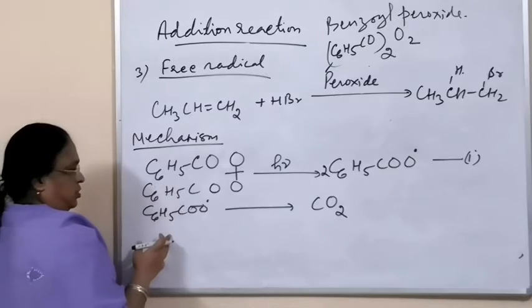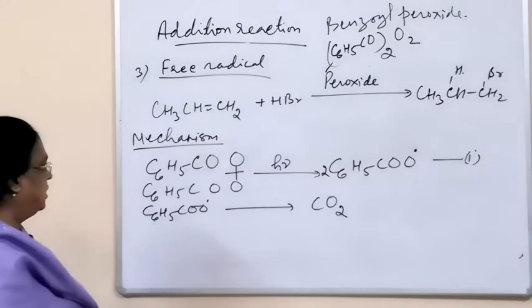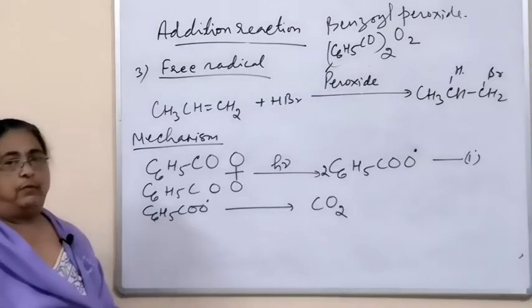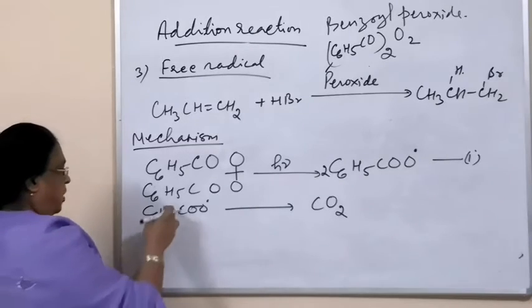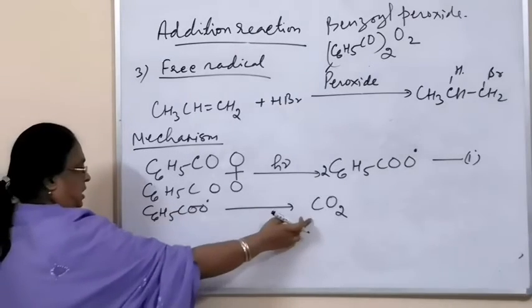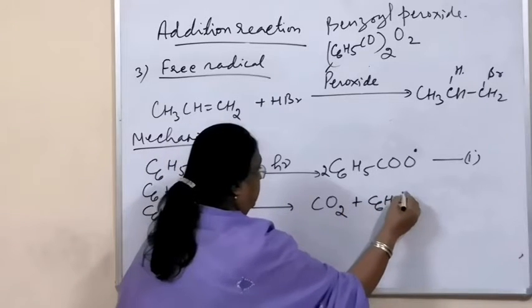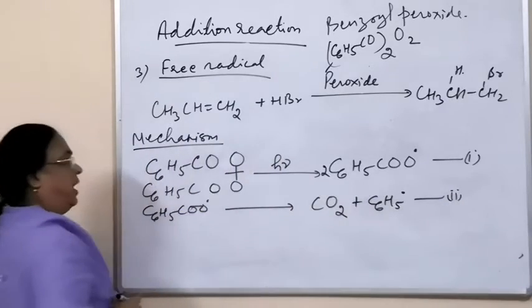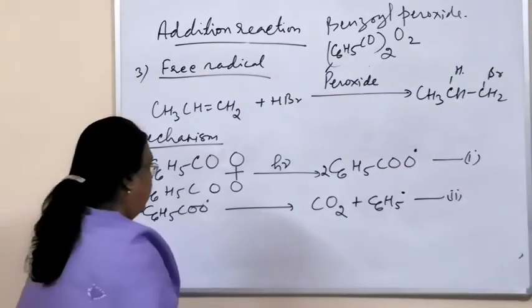Since in the reaction system already a free radical is there, you have studied, when a free radical is present in the reaction system, then the next steps will be done by homolytic fission, not by heterolytic. So this bond will break from here, CO2 is released and we will have phenyl free radical. So now sunlight is not required, only in the beginning to initiate the reaction sunlight is required.